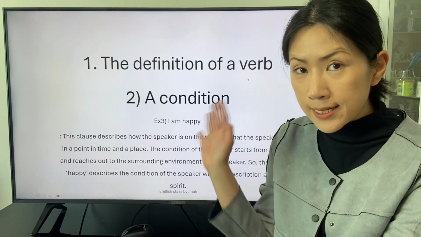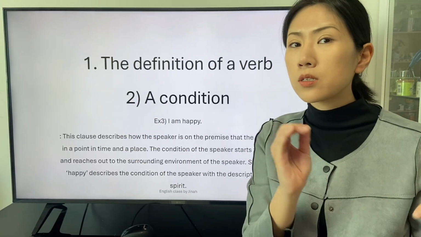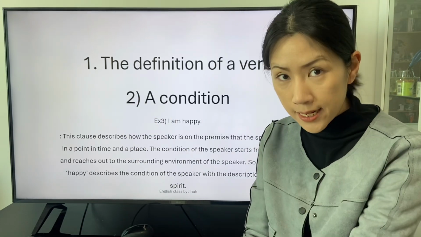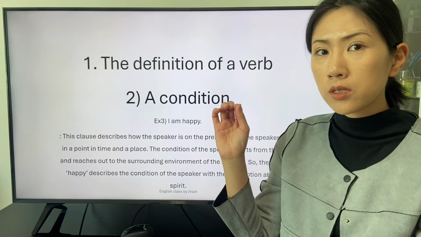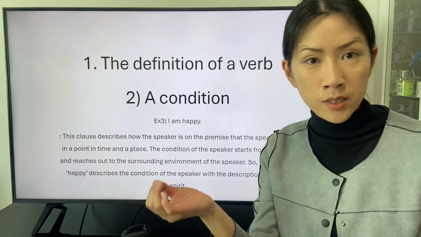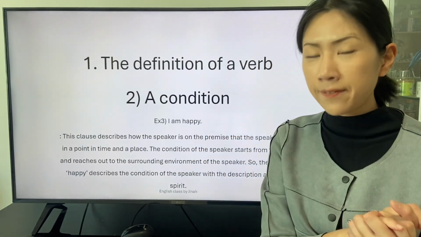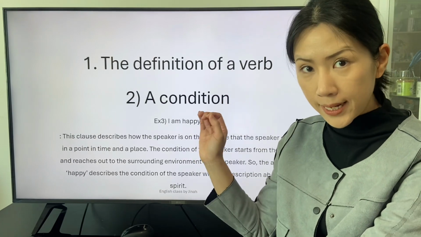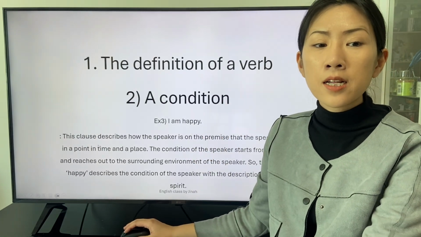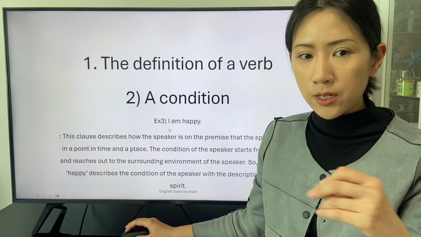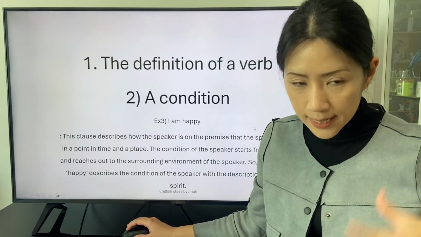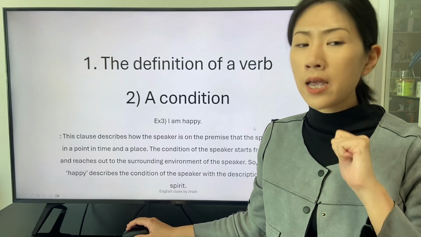The third exemplary clause is about how the subject is with the description by the subjective complement happy. This clause describes how the speaker is on the premise that the speaker exists in a point in time and a place.